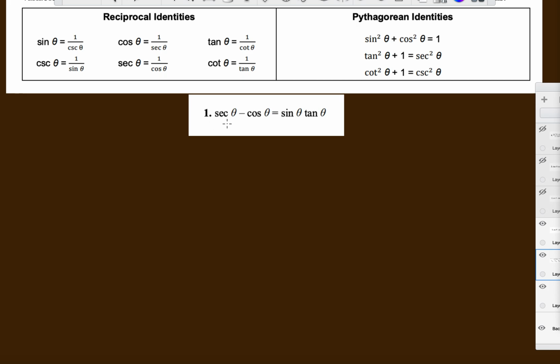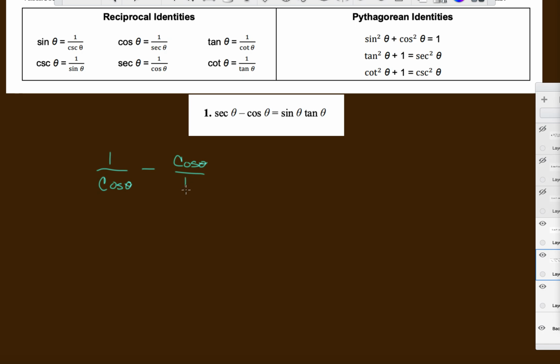All right, and I have some subtraction here, and what I want to do is put my trig identities in terms of sine and cosine, because that's going to help me out. So secant is 1 over cosine theta, and then it's minus cosine theta.